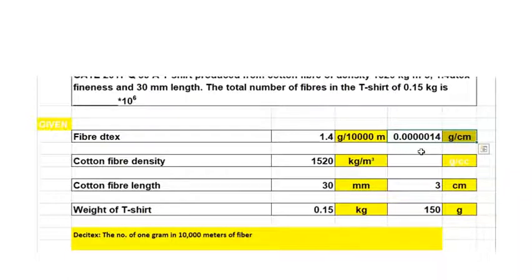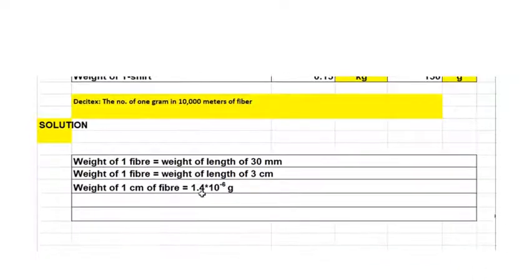The fineness of the fiber is given in gram per 10,000 meters, and we have converted that to gram per centimeter. So the weight of 1 centimeter of fiber is this value, 1.4 into 10 power minus 6.